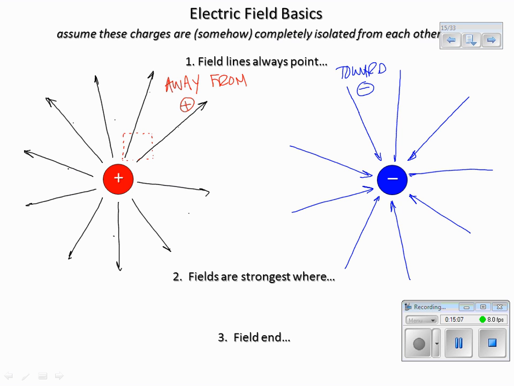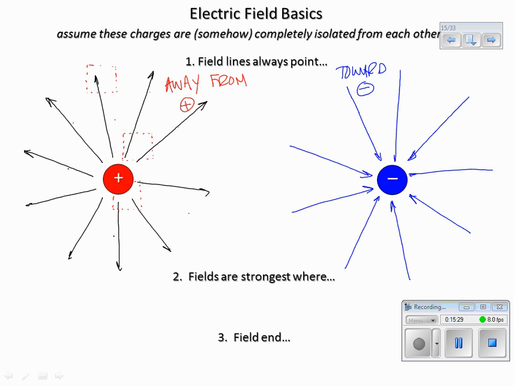In that case, there are 2 lines per unit area. If I go out here with the same unit area, we only get a maximum of 1 line per unit area. If we get even closer, we might be able to sneak 3 lines per unit area in there.